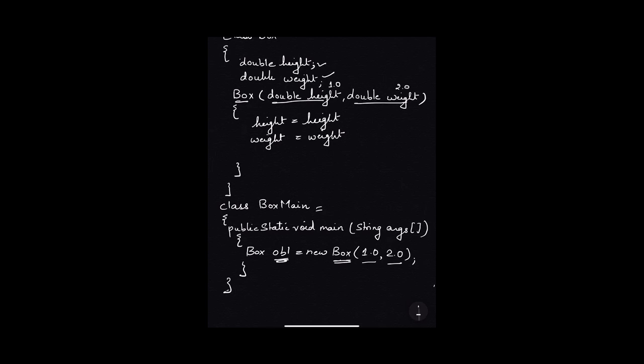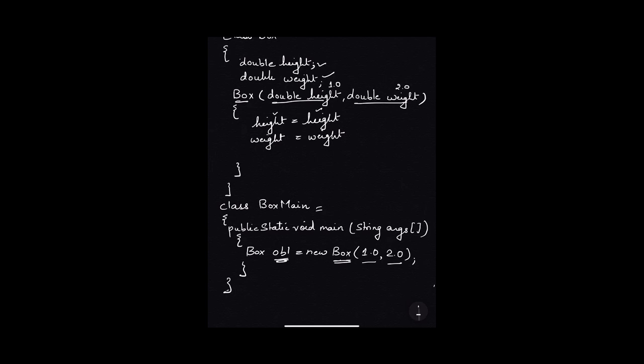Now, when I look inside the block, I can see a statement as height is equal to height. Now, my compiler is confused as to which height belongs to which thing. Meaning, is it the class variable? Is it the instance variable? Or is it the arguments?